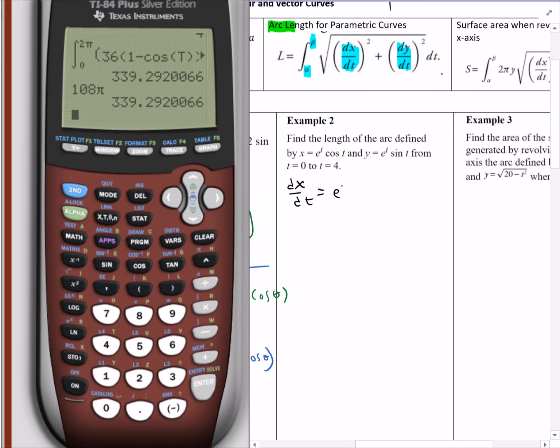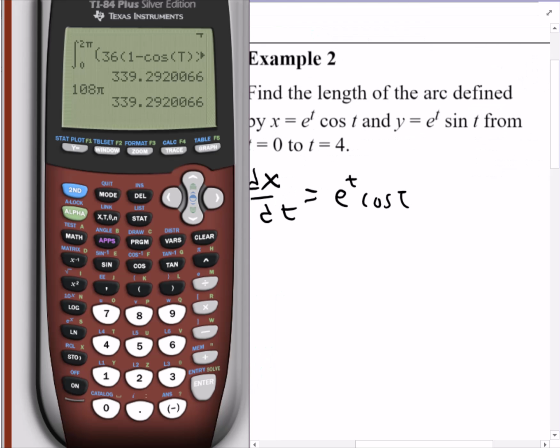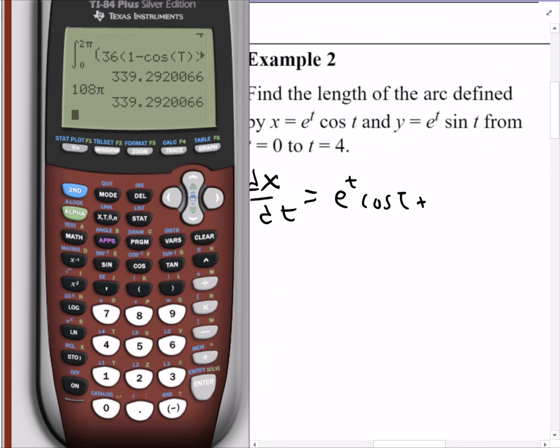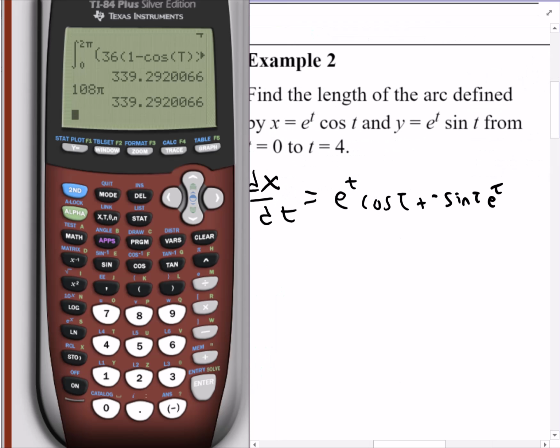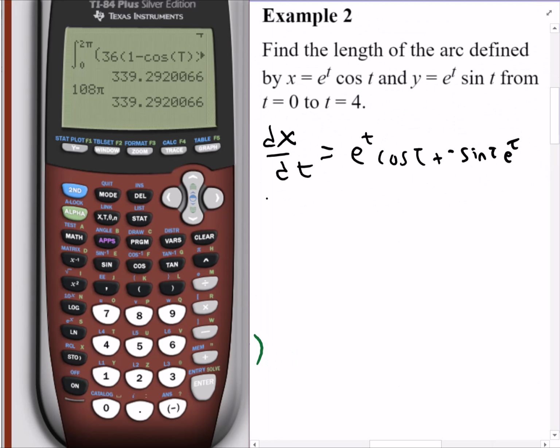It's going to be e to the t cosine t, actually it's going to be minus, minus sine t e to the t. And then dy/dt is going to be something pretty similar. It's going to be e to the t sine t plus cosine t times e to the t.